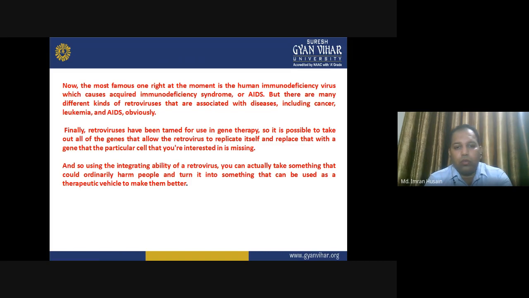And so, using the integrating ability of a retrovirus, you can actually take something that could ordinarily harm people and turn it into something that can be used as a therapeutic vehicle to make them better.